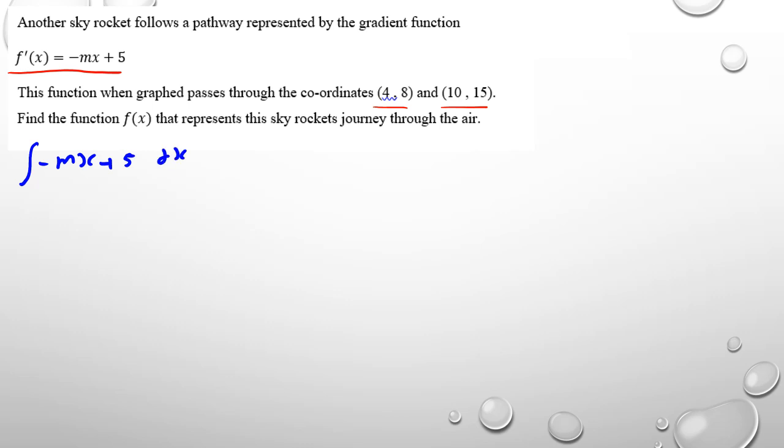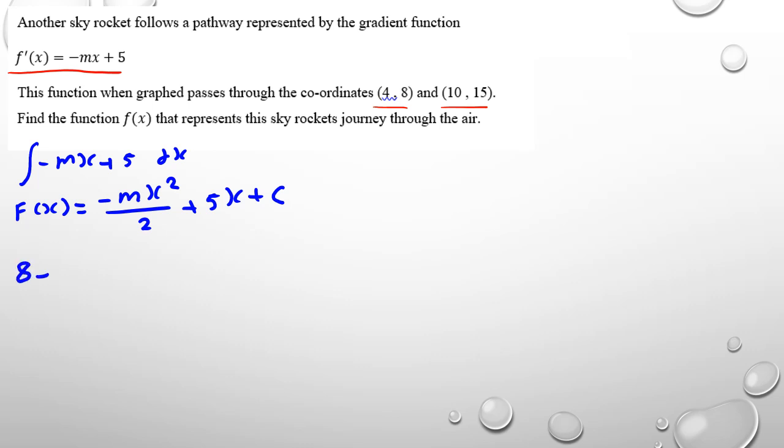So anti-differentiating gives f(x) equals negative mx squared over 2 plus 5x plus c. Now you notice that I've got 2 unknowns in here. That's why I've been given 2 points, so 2 equations.